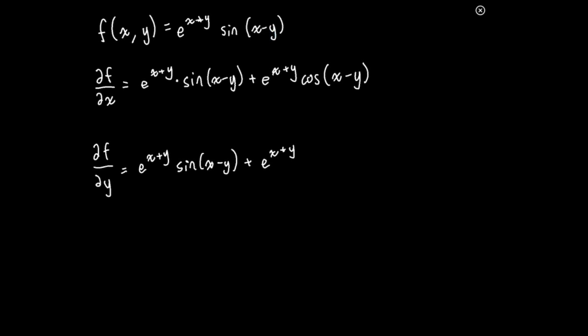And what that's going to come out to is cosine x minus y, but we have to take the derivative of the inside, right, with respect to y, which in this case is going to come out to negative 1. Before it came out to 1, so we just didn't bother writing it, but now it comes out to negative 1. And then that negative 1 can come over here and just make that negative.